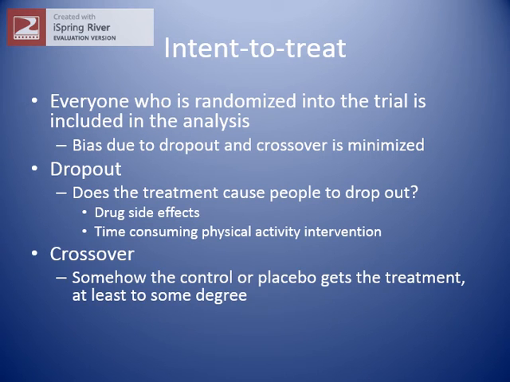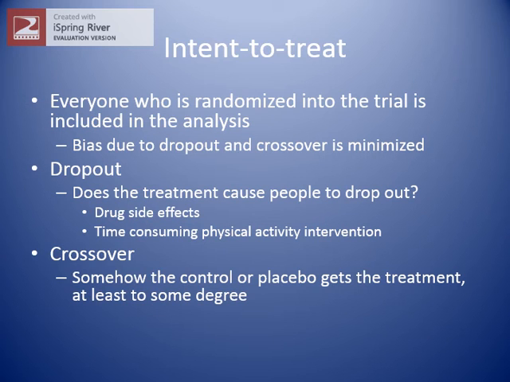And then crossover. This is when somehow the control or the placebo group gets some of the treatment. So say you're testing out a new teaching strategy. I teach 2 sections of anatomy and I want to try this new technique, so I teach it to one of my sections and not the other one.